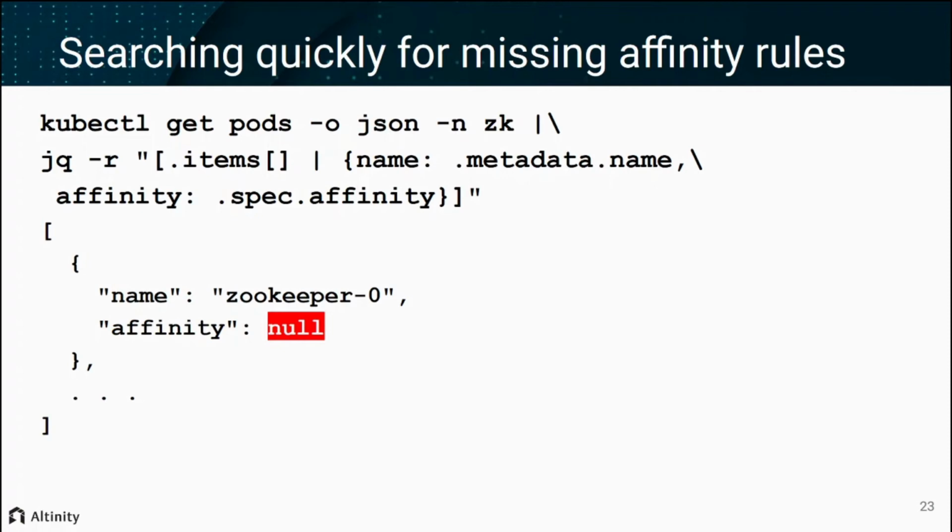In this example, I ran a variation of the kubectl get pods command, and this shortened version with jq allows me to pull out the affinity rules so I can look at them quickly. What I can see here is that they're null. There's simply no rules at all. So obviously affinity doesn't work if you don't use it. But the other thing you need to do is make sure the rules are really doing what you expect.